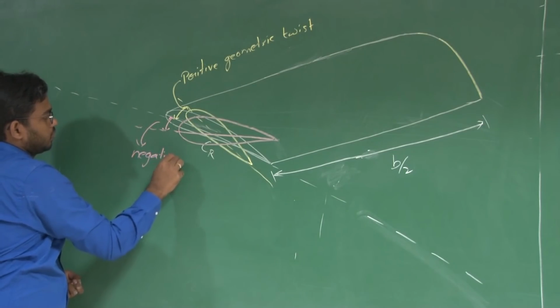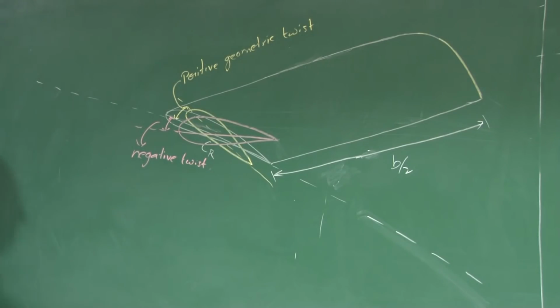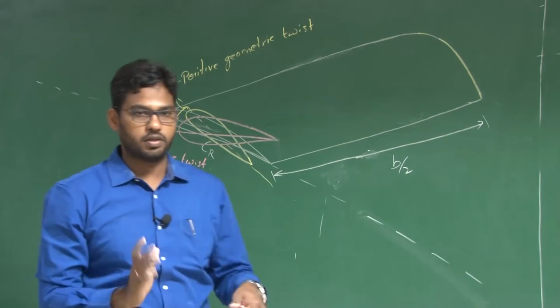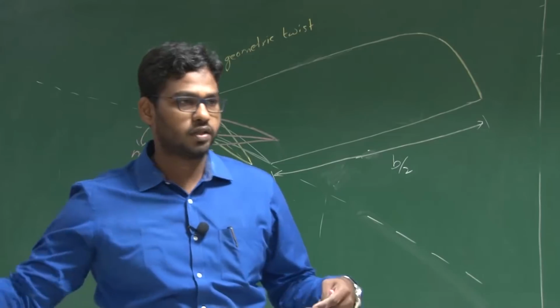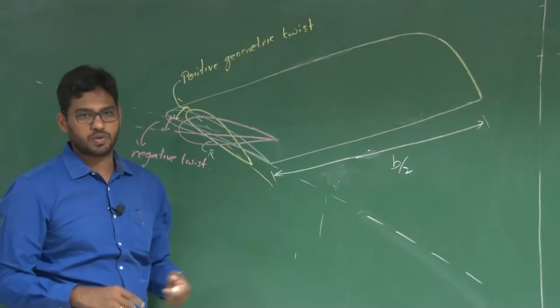So this is basically you giving a physical rotation to an aerofoil at the tip. You can have a constant twist as well as variable twist wings.